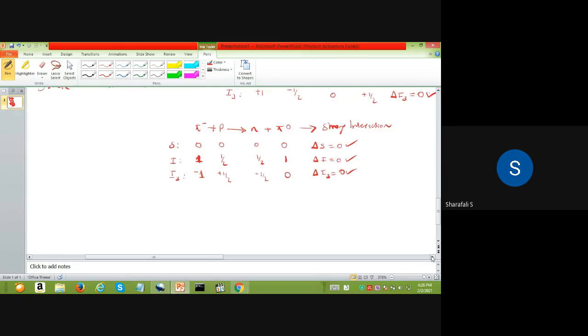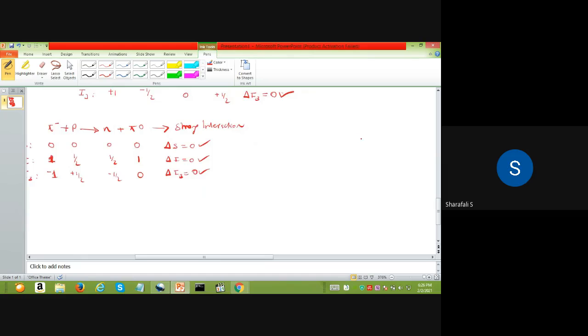Now we'll look at another example. Okay, so we had the electromagnetic, we had the strong interaction. Let's say another one. For example, K0, which is decaying into pi 0 plus pi minus.